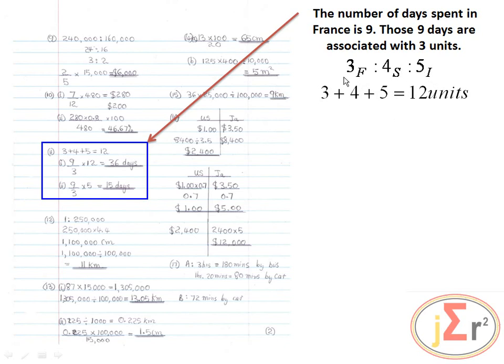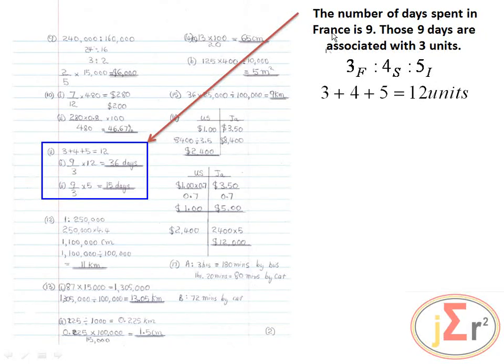So we have 3 for France, 4 for Spain, and 5 for Italy. And we have gone well ahead of time to say that the total number of units is 12. So the number of units that we have in total is 12.